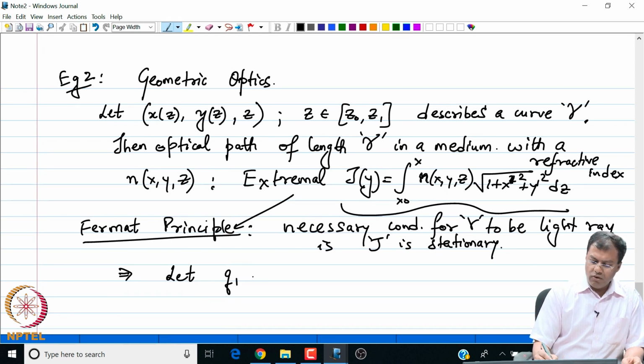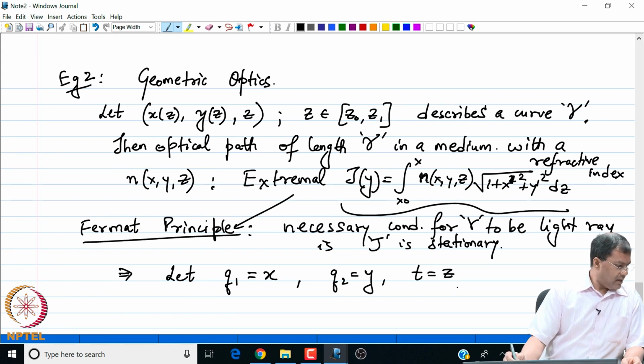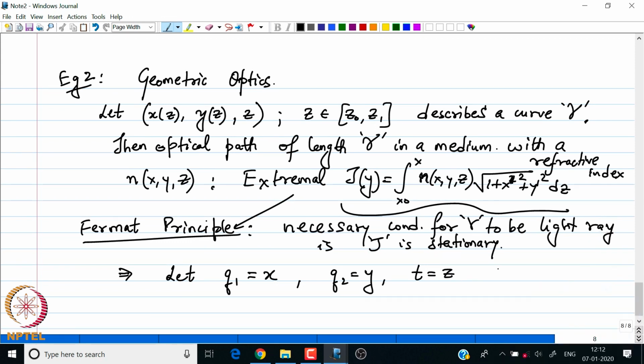My new variable q1 is x, q2 is y, and my new variable t is equal to z, which is the independent variable. So the interval from z0 to z1 is changed to t0 to t1, right.